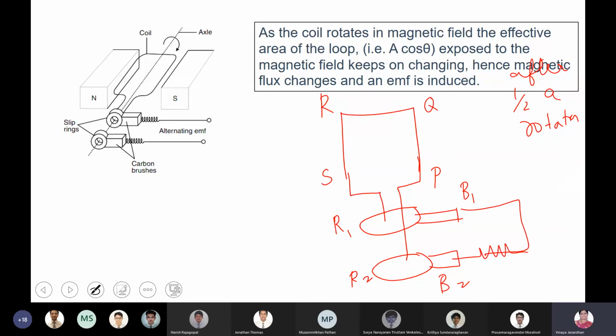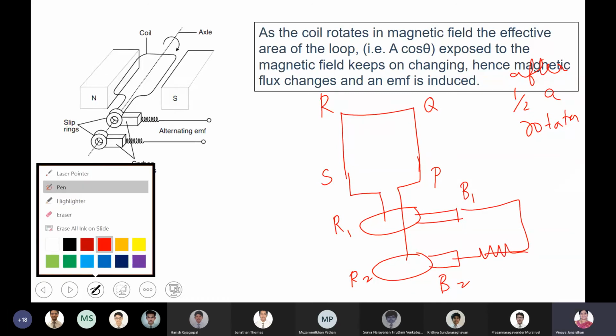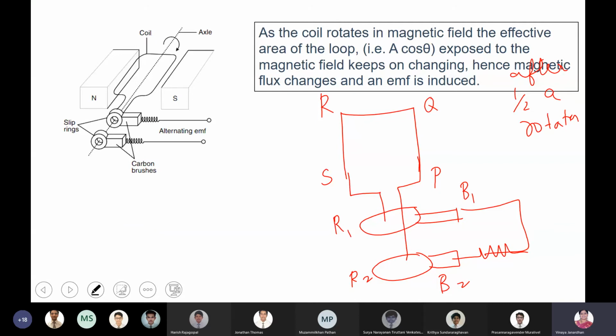Now we'll see what happens according to electromagnetic induction. According to electromagnetic induction, the induced current will flow in this way.